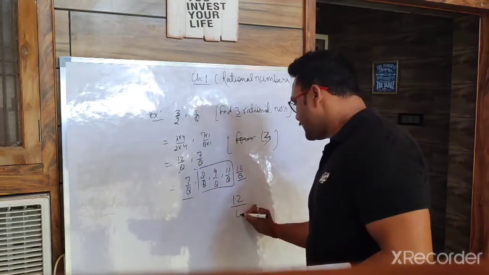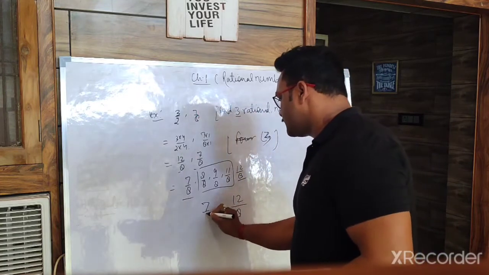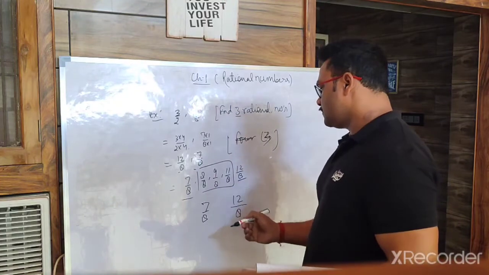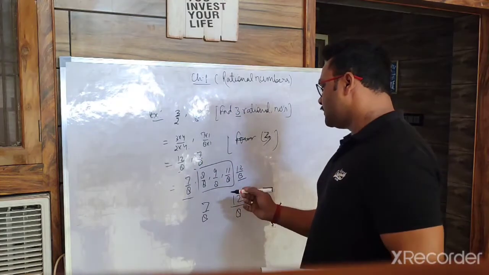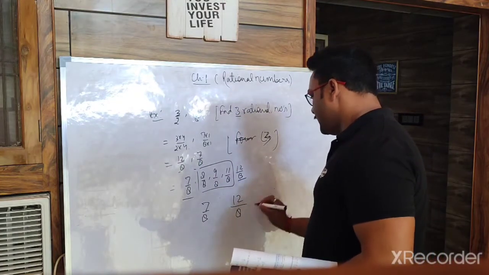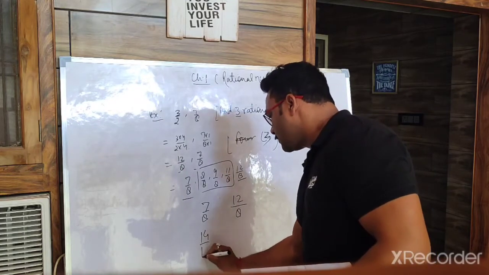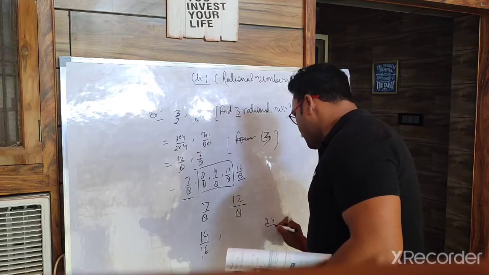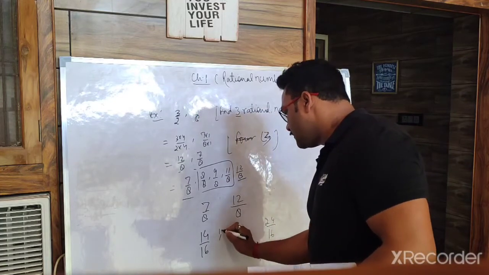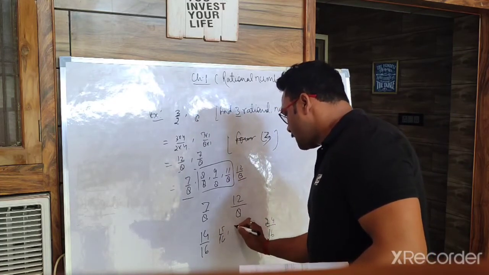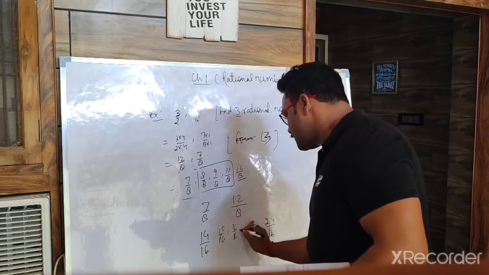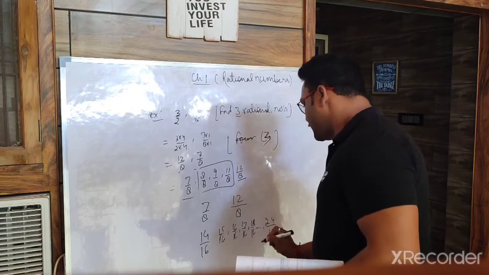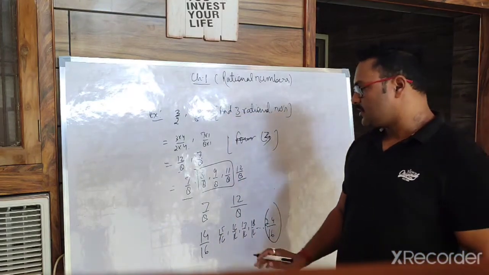Suppose we have 12 by 8 and 7 by 8, and you multiply by some number, suppose by 2. So it will turn into 14 upon 16 and 24 upon 16. Now 15 by 16, 16 by 16, 17 upon 16, 18 upon 16 and so many, up to 24 upon 16 you can get.